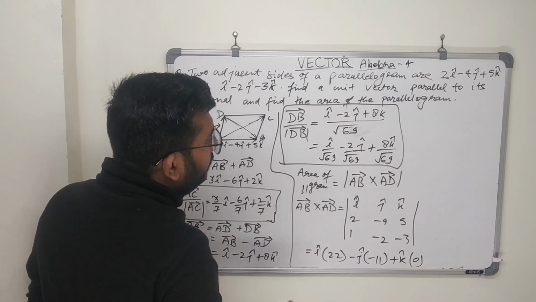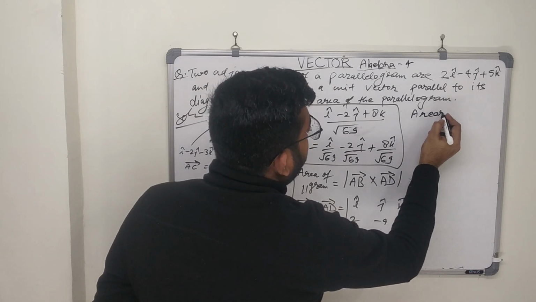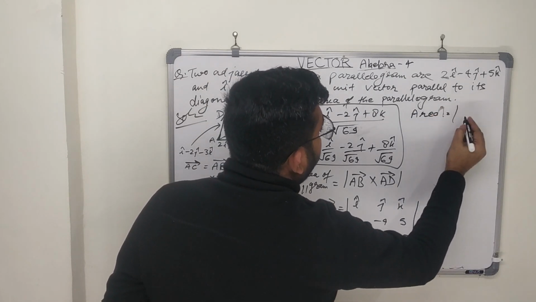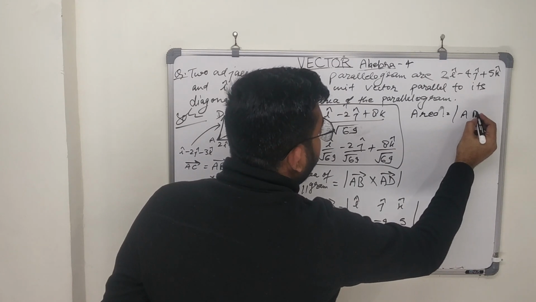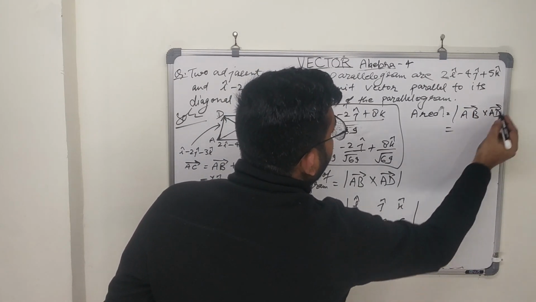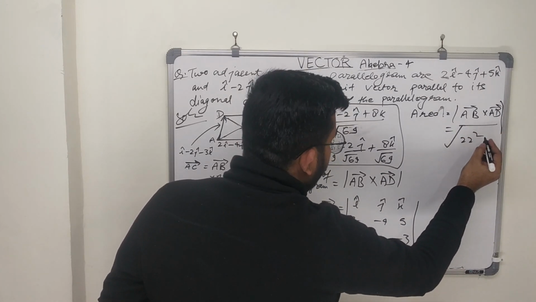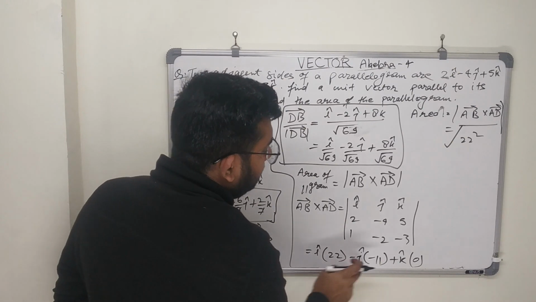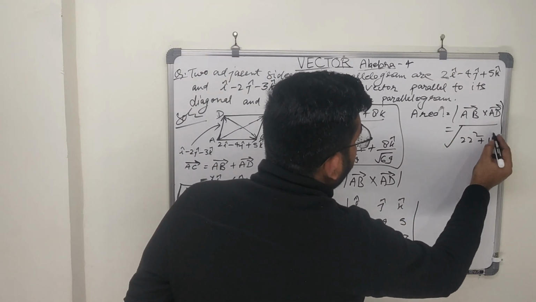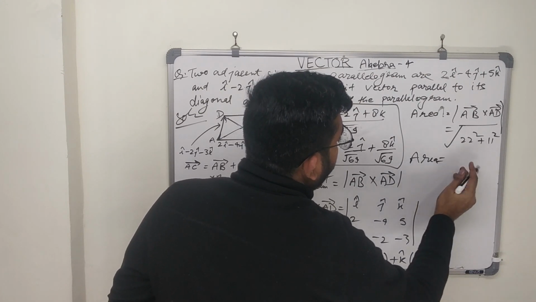Now calculating the magnitude of this vector, that is the area, will be equal to magnitude of AB vector cross AD vector. This will be equal to under root of 22 square plus 11 square.